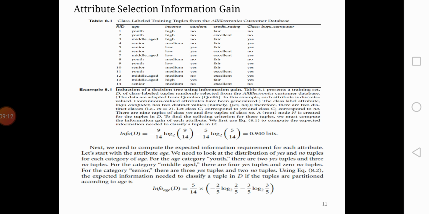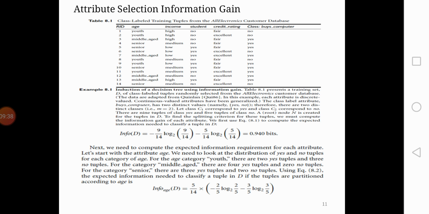According to the class label attribute, we have 9 yes and 5 no.